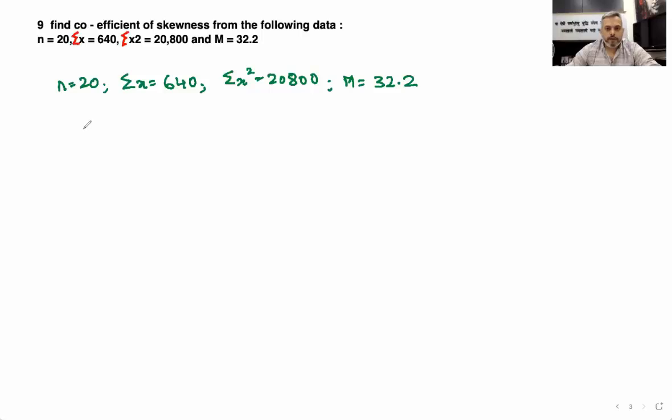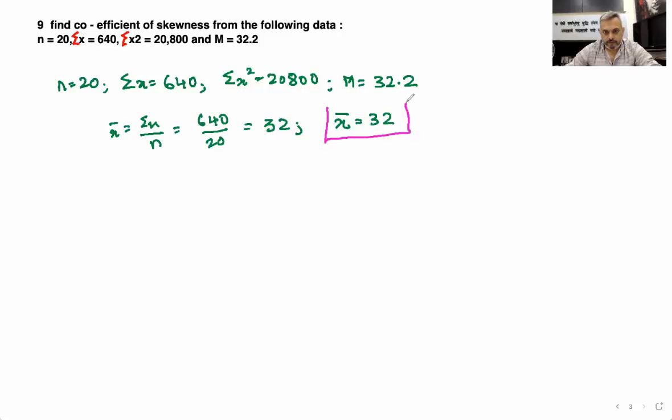So now for finding coefficient of skewness using median, we have to find mean, we have to find standard deviation. So x bar is equal to sigma x upon n, which is 640 upon 20, which is equal to 32. So mean is equal to 32. So you got mean, you already have median.